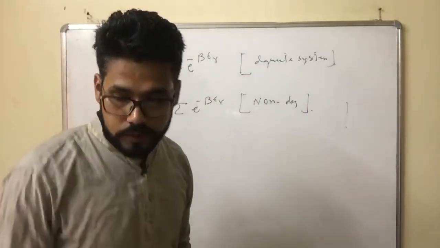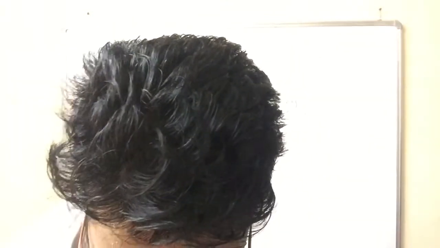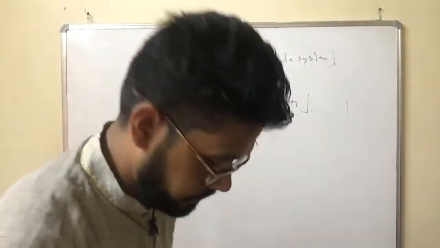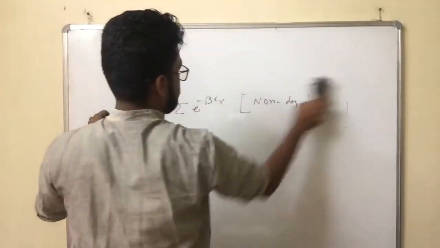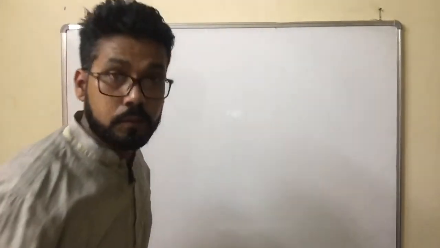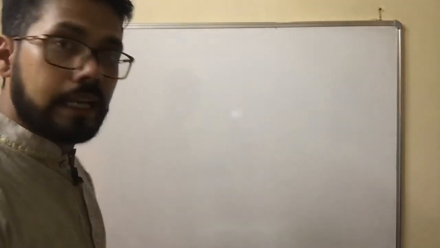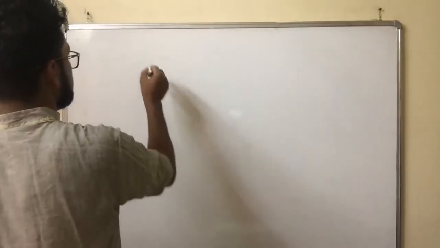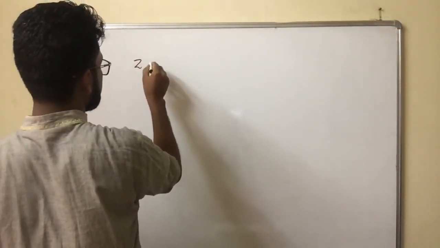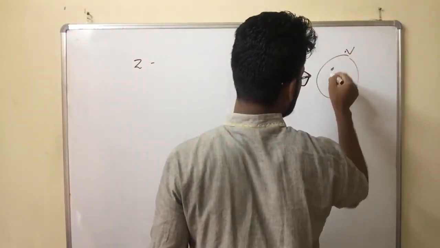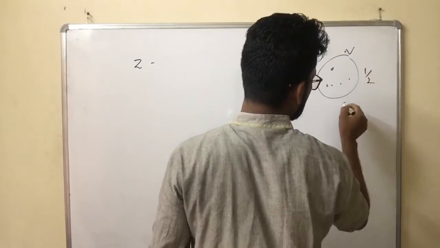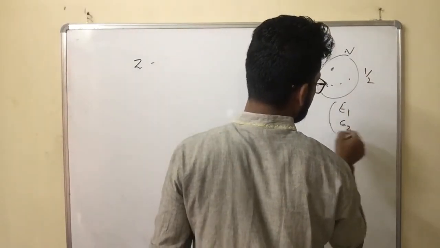Now my question is this. See, again I modify this partition function Z in our system. This is an n particle system, all spin half particles, with two energy levels E1 and E2.